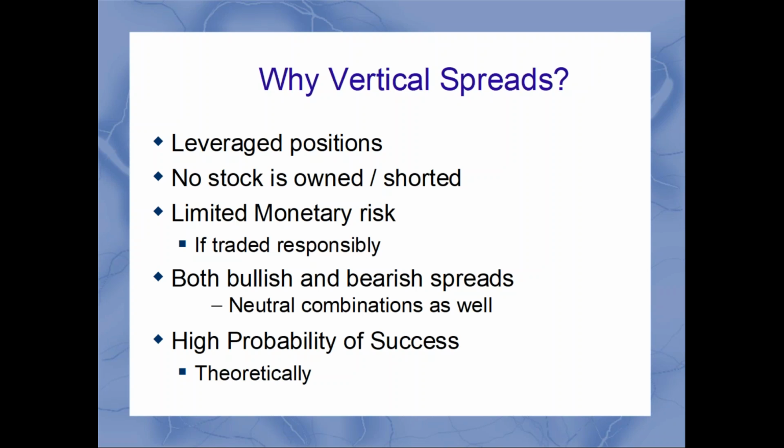Whether you're using delta for the short option or you're using a probability of an option expiring worthless going forward, it's easy to set up spreads that not only offer you leveraged monetary risk, but a leveraged double-digit return while still having a 75, 80, maybe 85% higher probability of success on the trade.